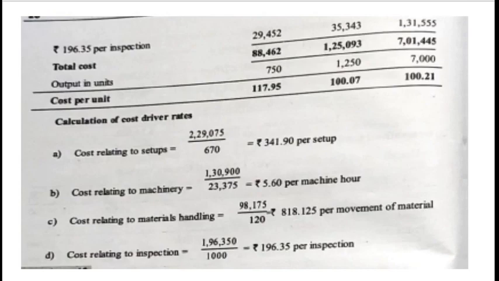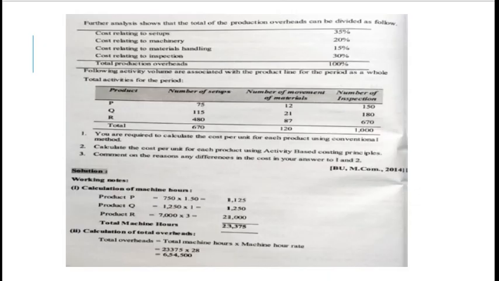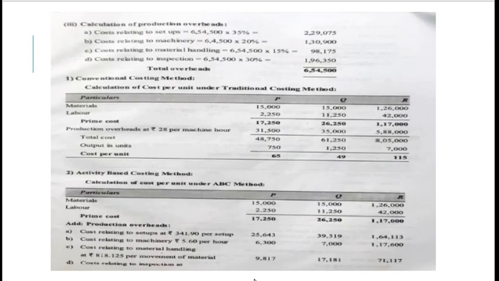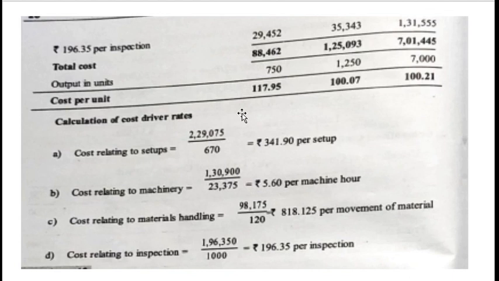Next, your activity is the cost relating to inspection, which is rupees 196.35 per inspection. In the question for P it is 150 inspections. So 150 into rupees 196.35 per inspection will give you 29,452.